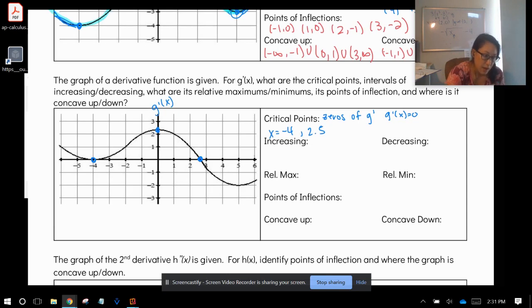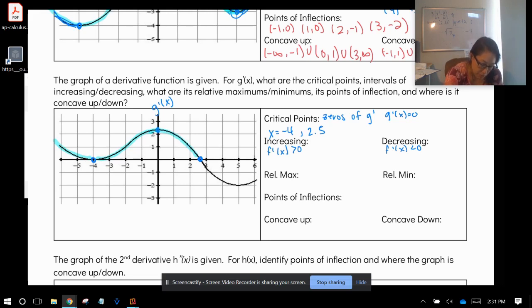We can tell that the graph is increasing when f prime of x is greater than 0, and it's decreasing when f prime of x is less than 0. So I look at my graph and I am going to see that the output is greater than 0 from -infinity to almost -4, and then from -4 to almost 2.5.